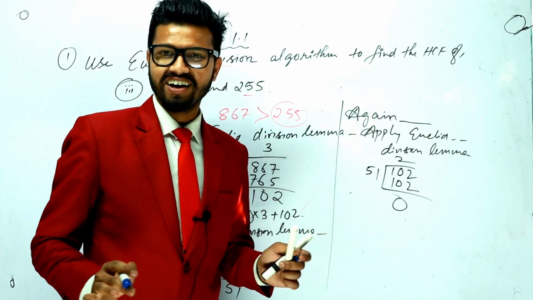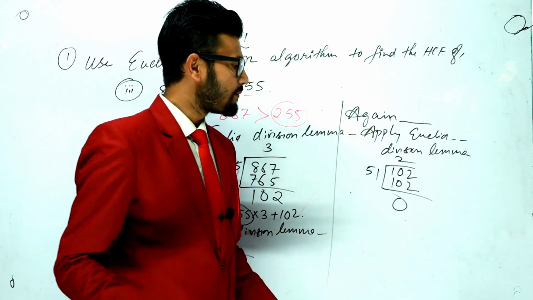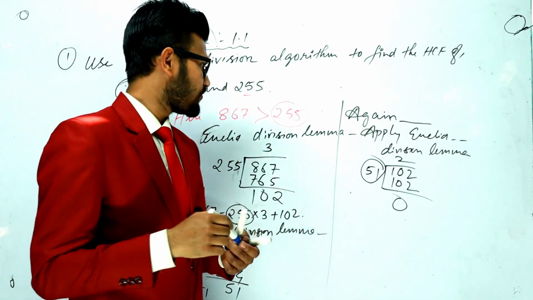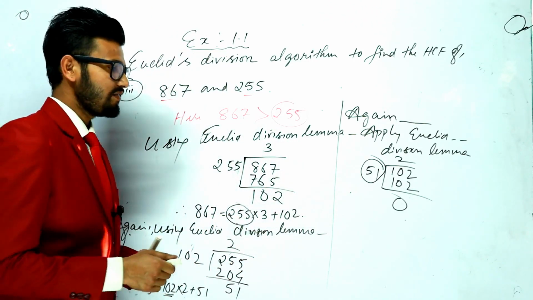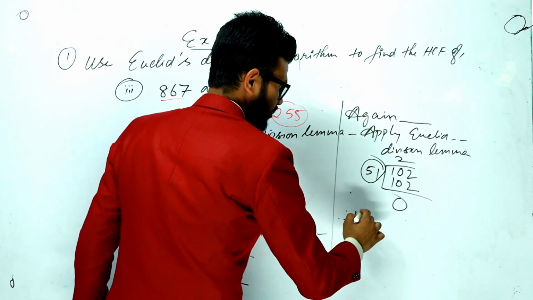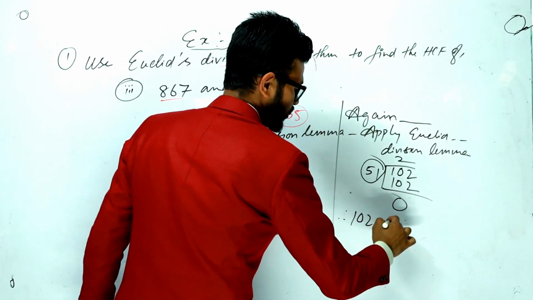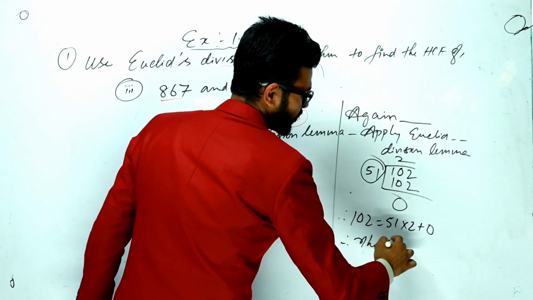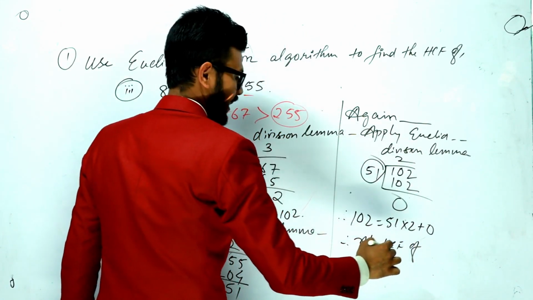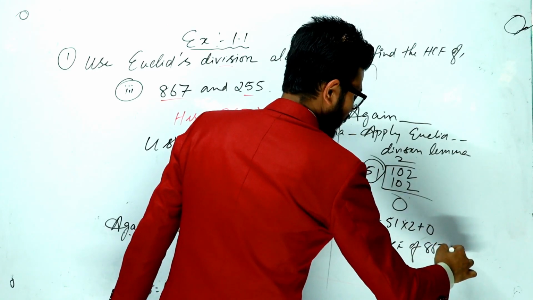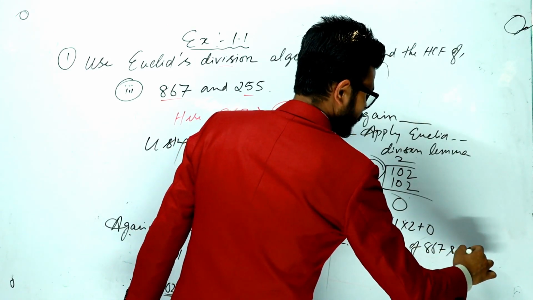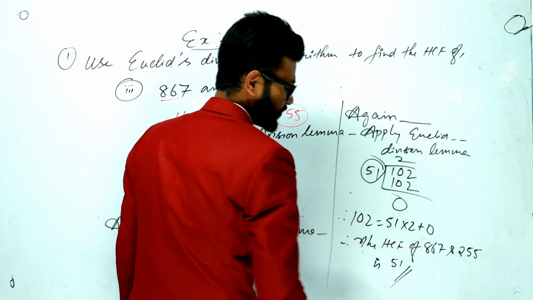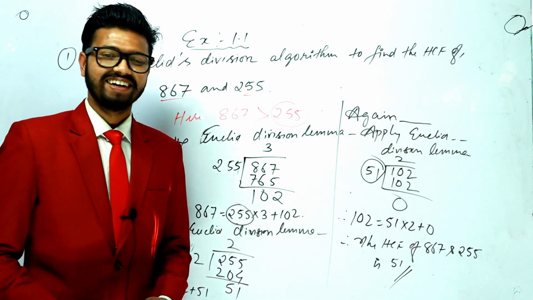The answer stops here. So what you can see, for what number does it become 0? For 51. Therefore, here you can say, 102 is equal to 51 into 2 plus 0. Therefore, the HCF of 867 and 255 is your 51.